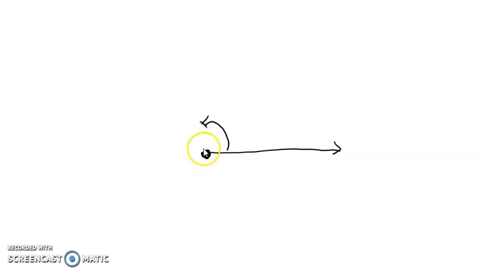So in this case, this one is what we call the terminal side of an angle. And we can represent the gap between the initial and the terminal side using, let's say, theta.